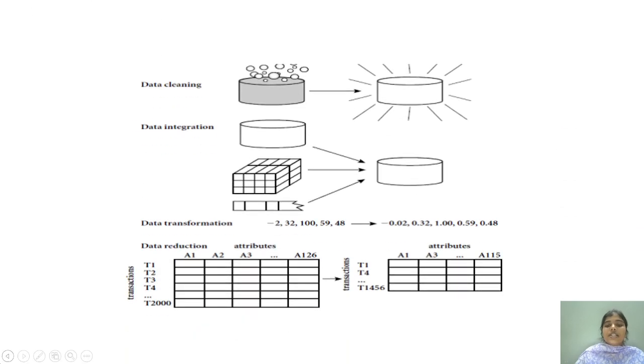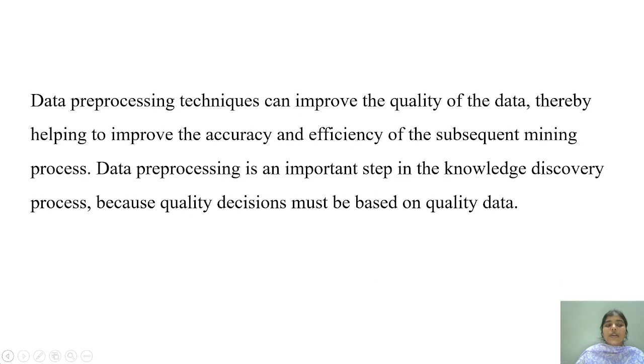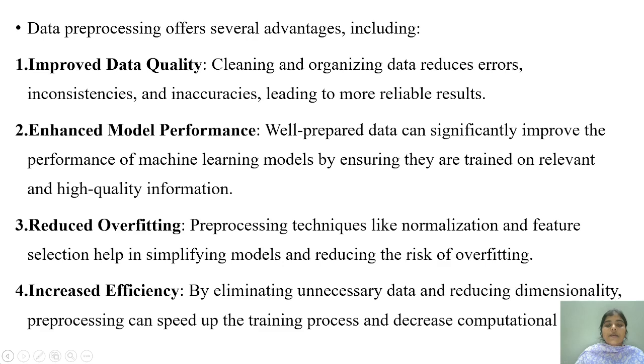In this picture, we can see a number of steps that need to be performed in the data mining process. The first and foremost step is preprocessing the data in order to get it into a consistent format. Data preprocessing techniques improve the quality of data, thereby helping to improve the accuracy and efficiency of the subsequent mining process.